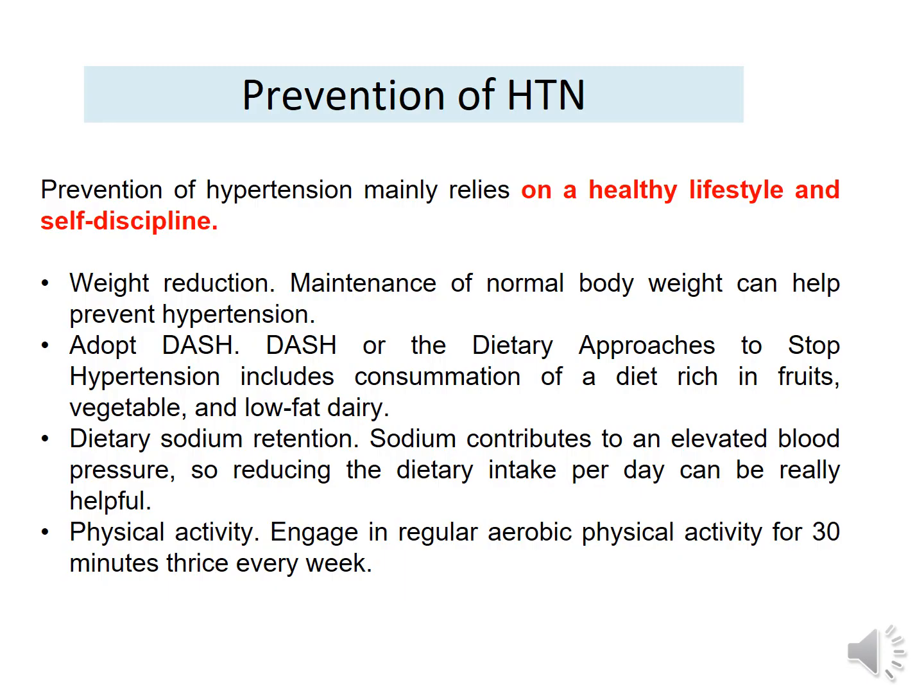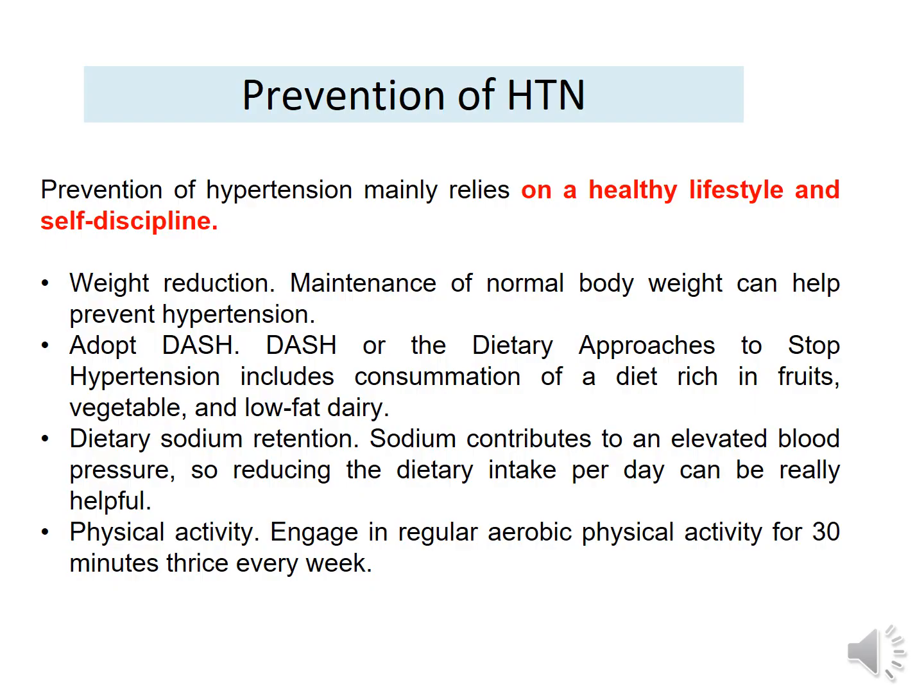How can we prevent hypertension, especially if we have risk factors? Prevention of hypertension mainly relies on a healthy lifestyle and self-discipline. So we have to control our weight, because overweight or obesity is one of the main risk factors for hypertension.